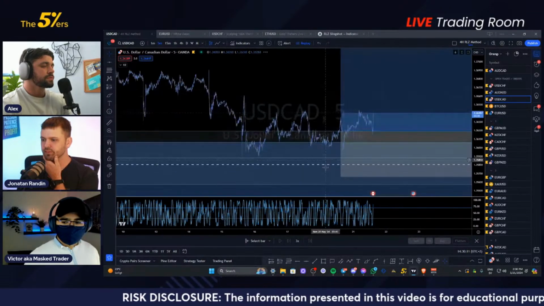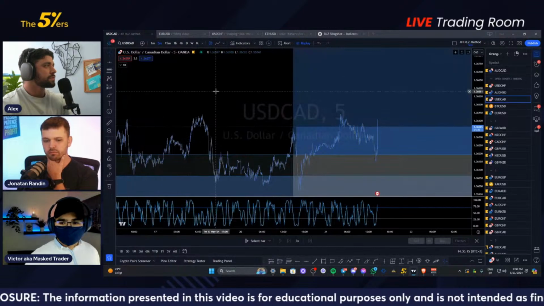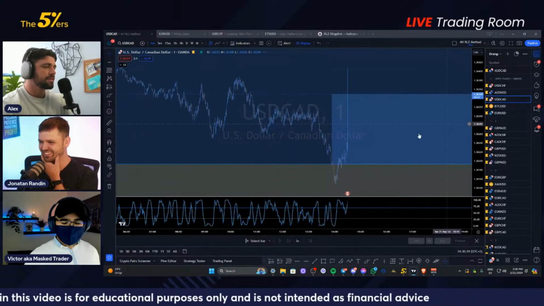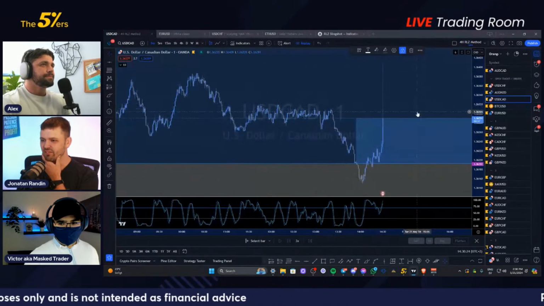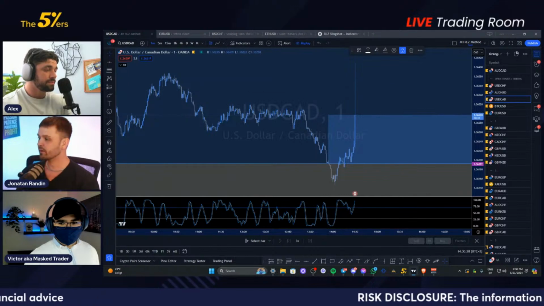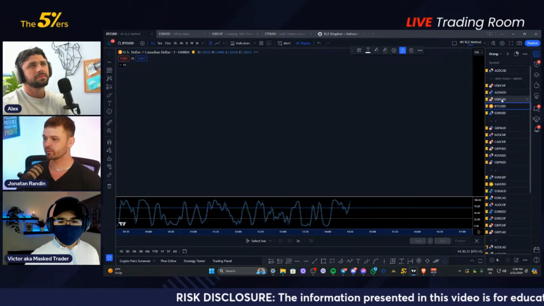Well, it's a nice move up, which means it's going to reverse and take me out. Never trust a moving candle. Wow, it's an 18 pips move. First reaction.